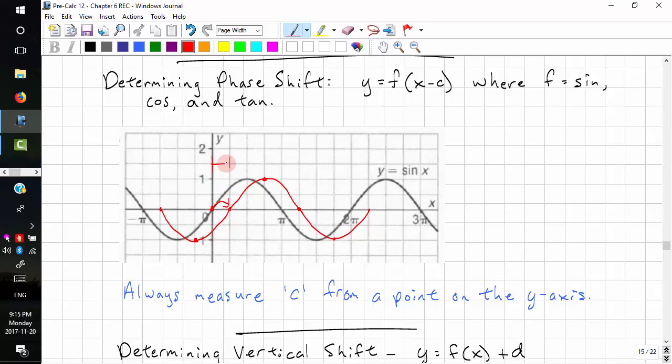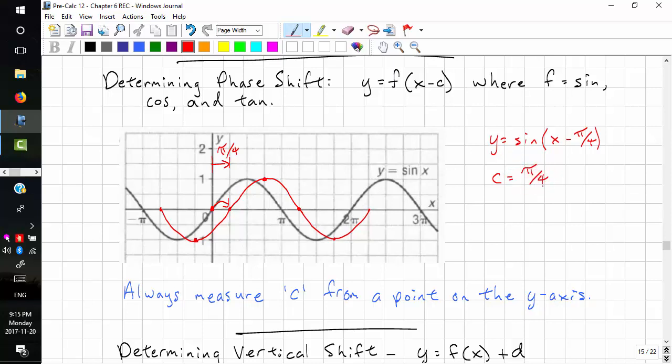And this is pi over 4. Now, some people have trouble calculating this. We look at pi and we go 1, 2, 3, 4 units. So every grid unit is just pi over 4. So we just count the number of grid units and do pi over the number of grid units. So y equals sine of x minus pi over 4. And c is just pi over 4.